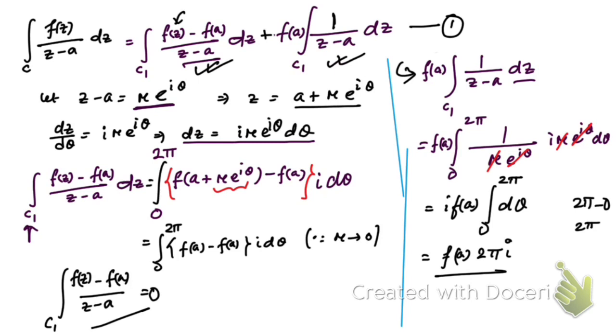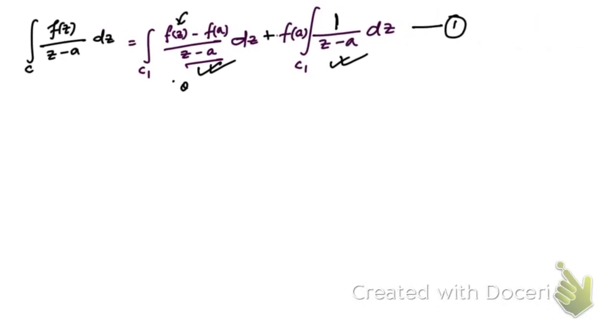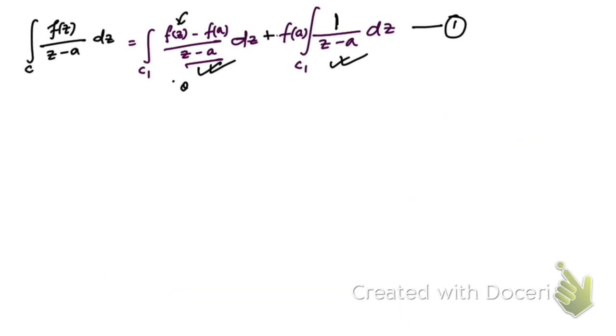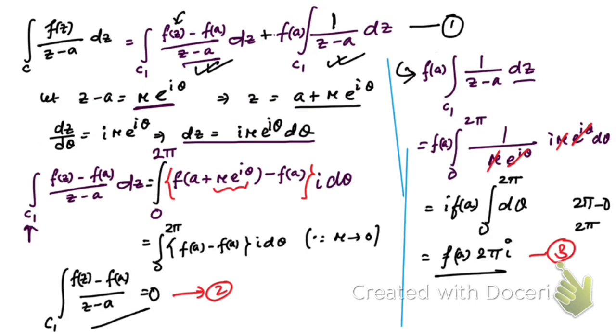So using these two values in equation number 1, this is equation number 2, and let this be equation number 3. Let me take a new slide and copy equation number 1. So this is equation number 1, this is equation number 2, and this is 3.